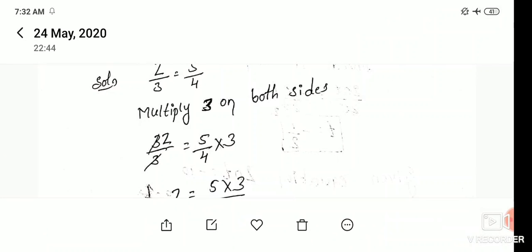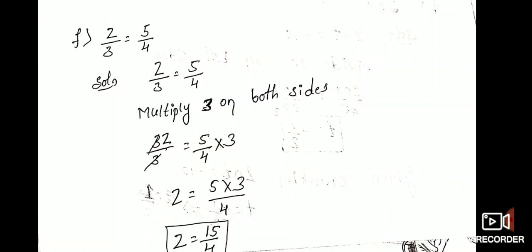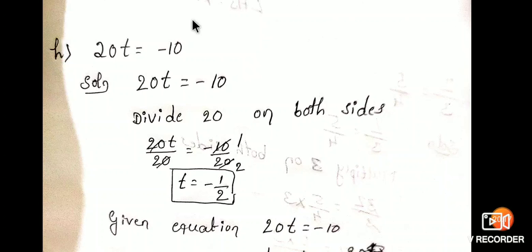Next, 20t is equal to minus 10. They have given 20t is equal to minus 10. So we should separate this 20. 20 into t, 20t. That means it is in the form of multiplication.